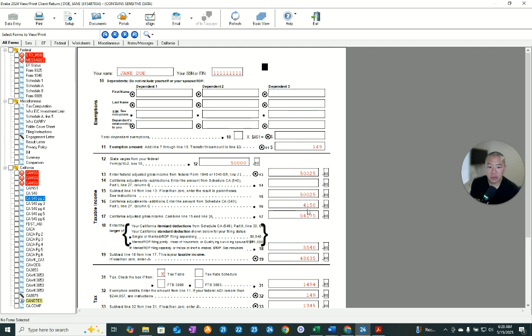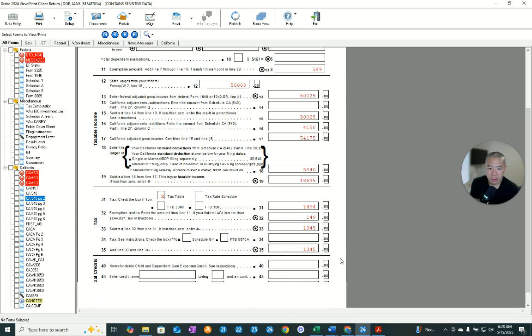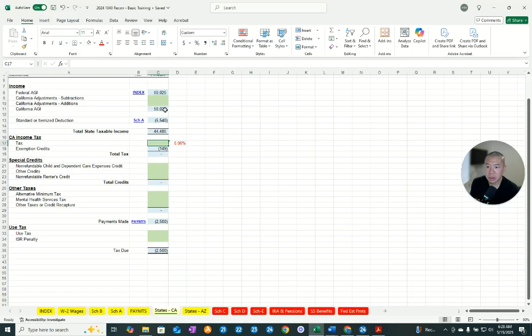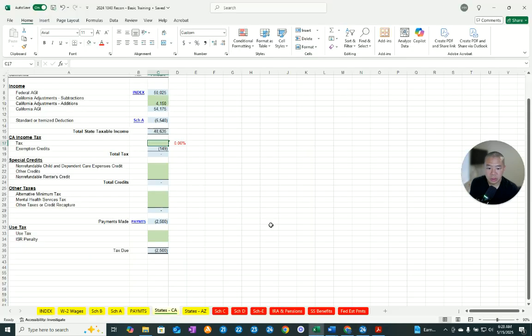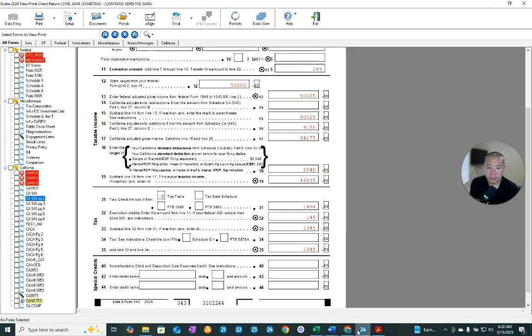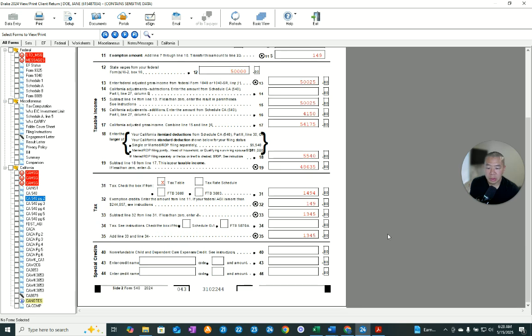Oh, we have to add back the HSA, 4150, and then the tax is going to be 1494. So additions, 4150, and I completely forgot what the tax was. 1494. So remaining taxes 1345, which agrees.